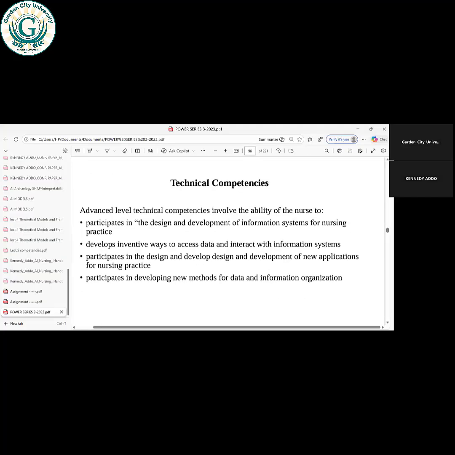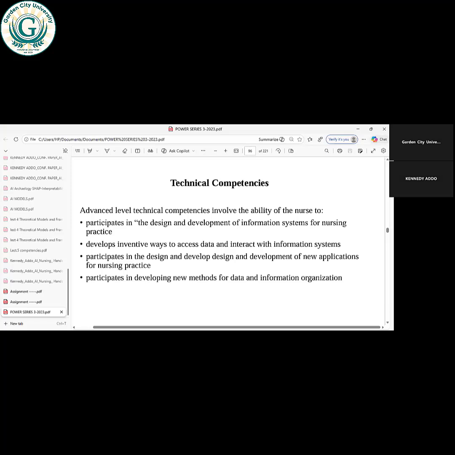And let's look at technical metrics that determine somebody who has advanced. Now you need to participate in the design and development of information systems. And that is why, as far back as 1980, nurses were involved in the design of their own information system, and they went a step further to purchase their own software, right?